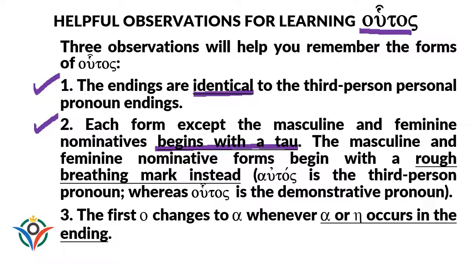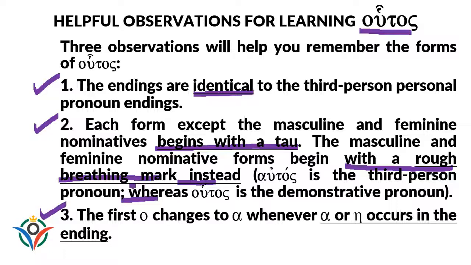And then further, the masculine and feminine nominative forms begin with a rough breathing mark instead. So there's an example. We have autos, which is the third person pronoun, whereas houtos is the demonstrative pronoun. So you can see there that houtos has a rough breathing mark.